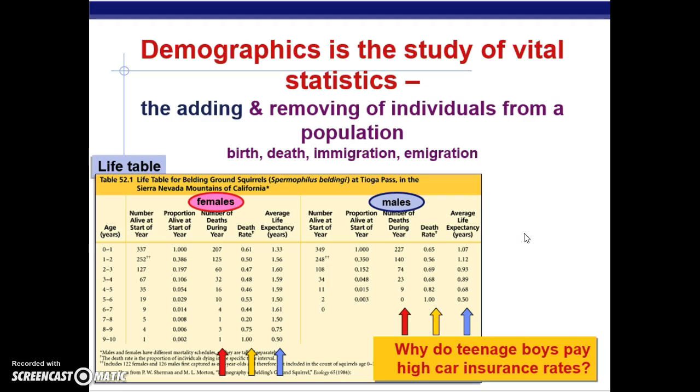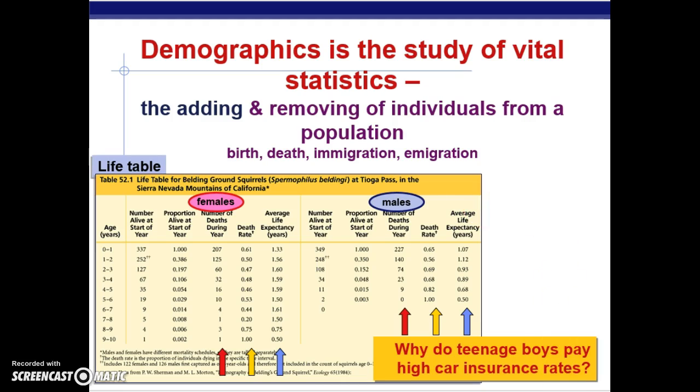So again, looking at the way that we have changes in the density of a population due to birth or death, immigration or emigration, all comes down to the science of demography, and the demographics are a way to display those changes. So the adding and removing of individuals from a population.